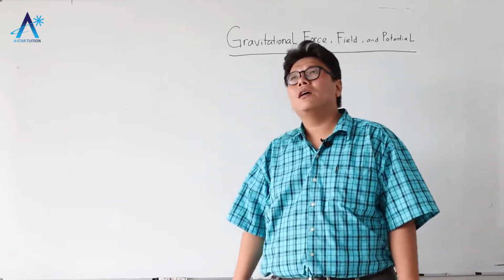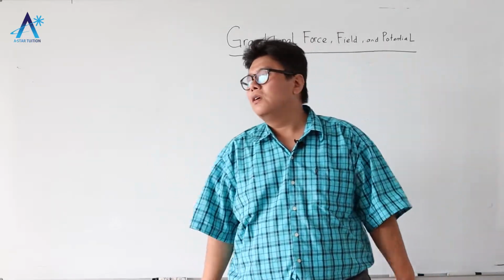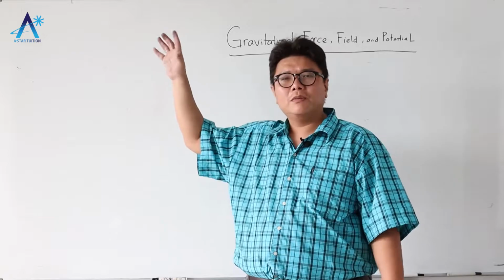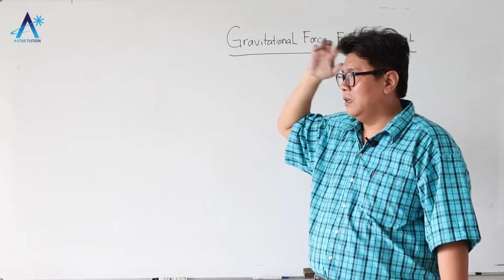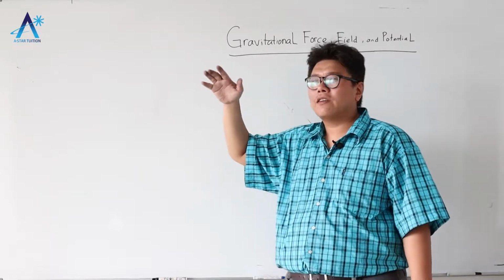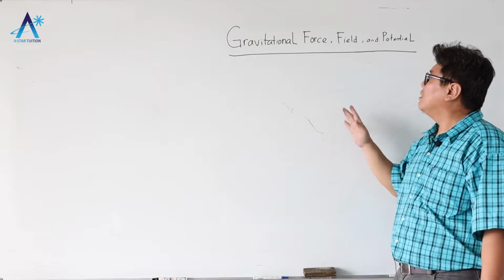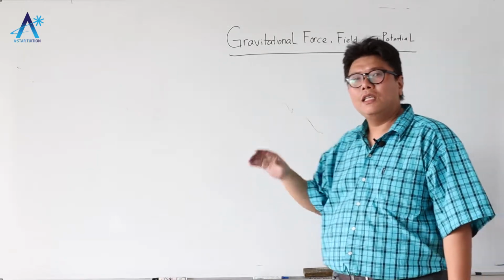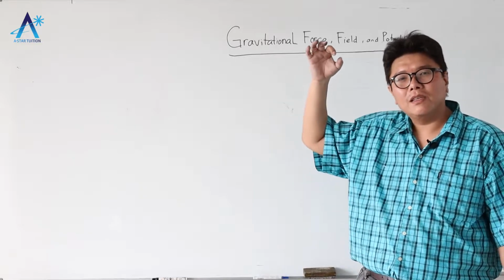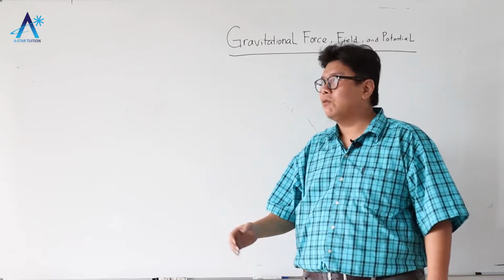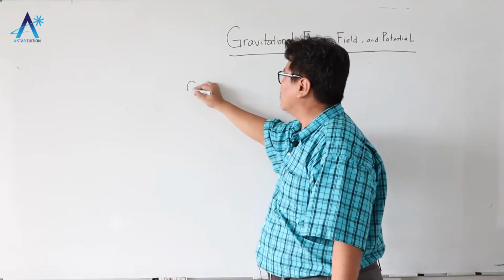So imagine that you are in a certain location. It could be inside your room, or it could be an astronaut in outer space inside a spacecraft. Any location in which an object that has mass experiences gravitational force is what we call a gravitational field. So let me define it.